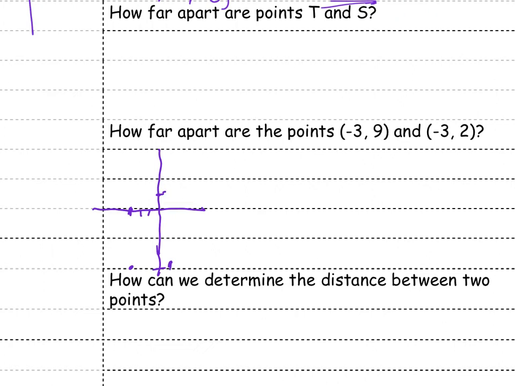No, I'm sorry, not down 9, up 9. So for this one, we have to be really careful because they're not on opposite sides. So from 9 to 2 is only 7 units. Since they're not opposite signs, we have to just subtract instead of add.